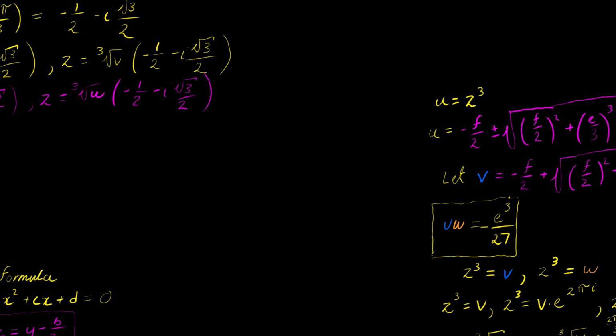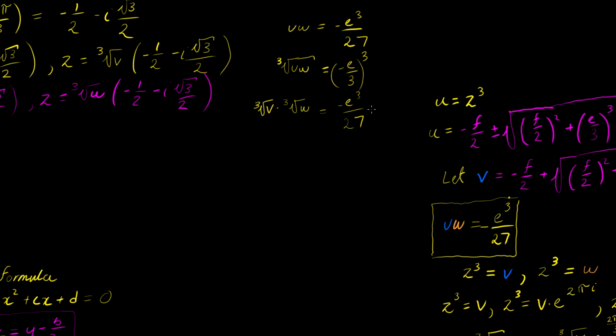But we also know that, let me rewrite this. We know that VW is equal to negative e cubed over 27. So we know that the cube root of VW should be negative e over 3. Hold on, I made a mistake here.